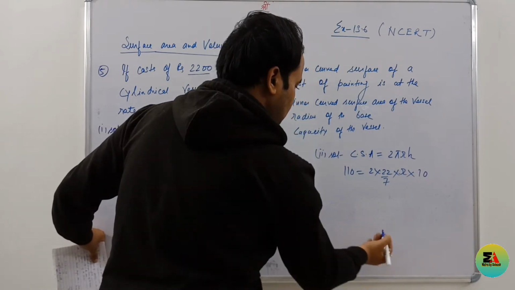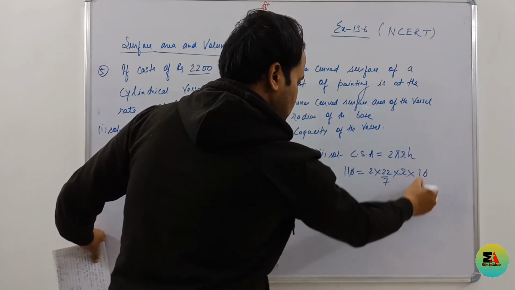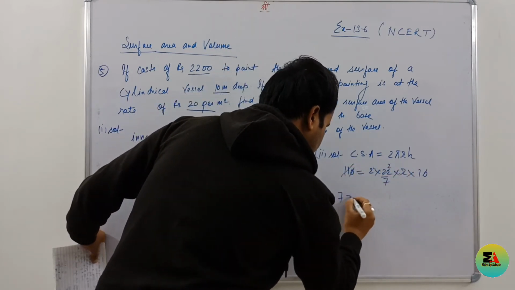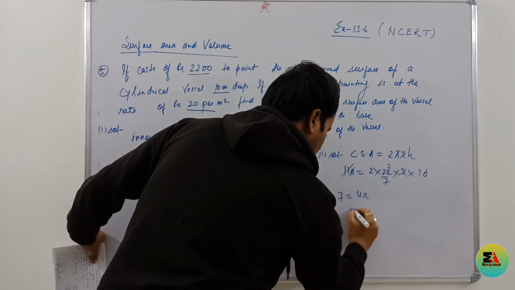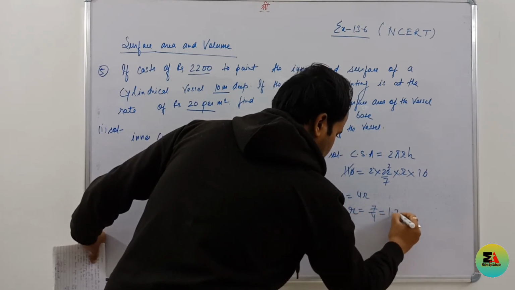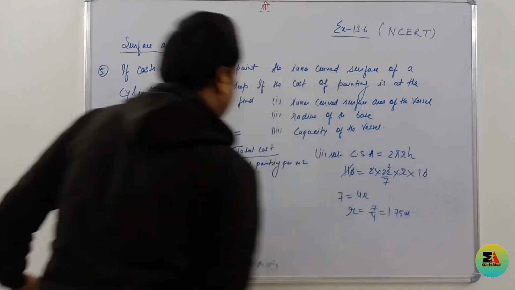Clear? Now solve this one. This 11 times this becomes what? 7 equals to 4R. Therefore radius will be 7 by 4. After calculating, it becomes 1.75 meter.